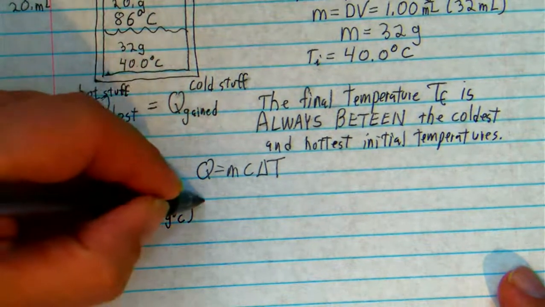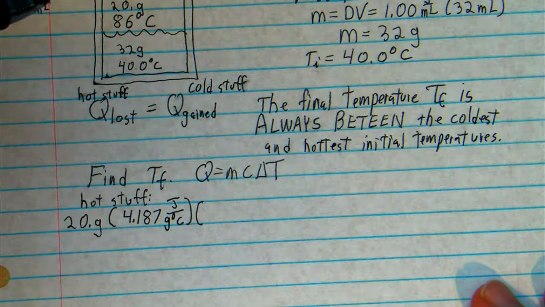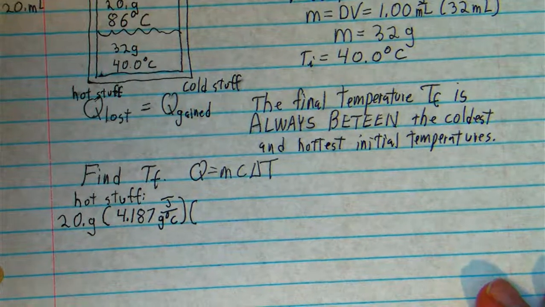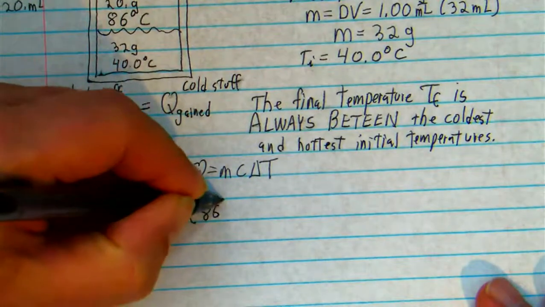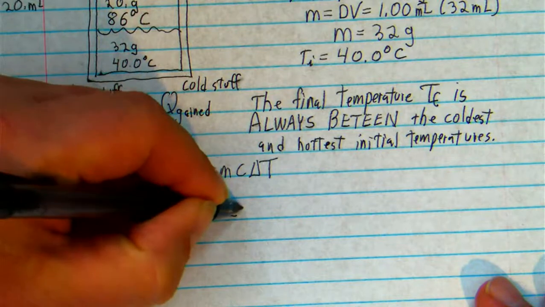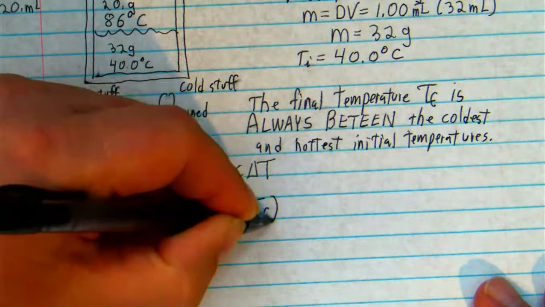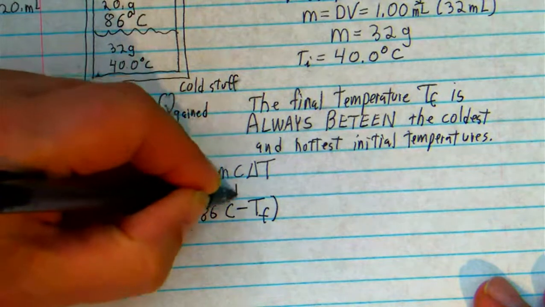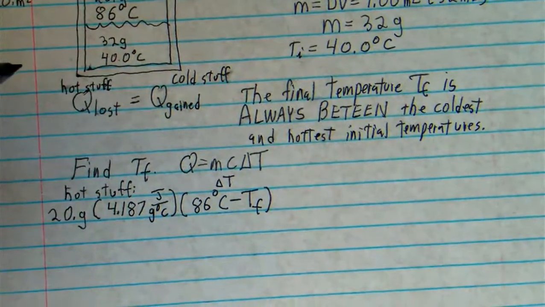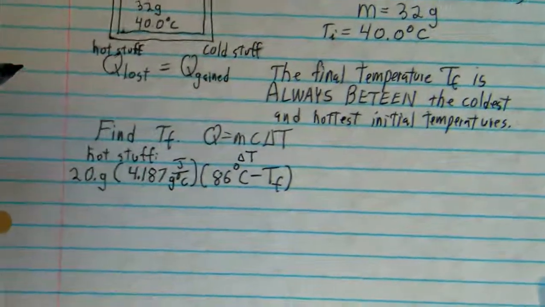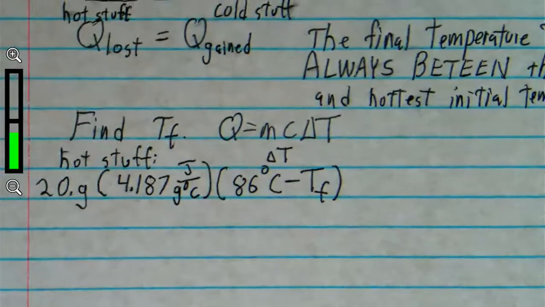For the temperature, I don't know the value of delta T. But what I do know is that 86 degrees Celsius minus the unknown final temperature is the change in temperature for the hot stuff cooling down. Okay, so that's pretty important.